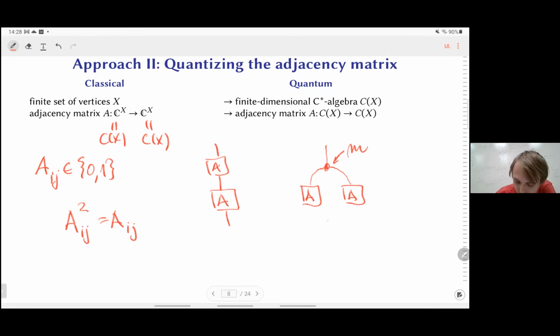In addition, we need to feed the matrices with the same input, but there is no canonical way to do this.